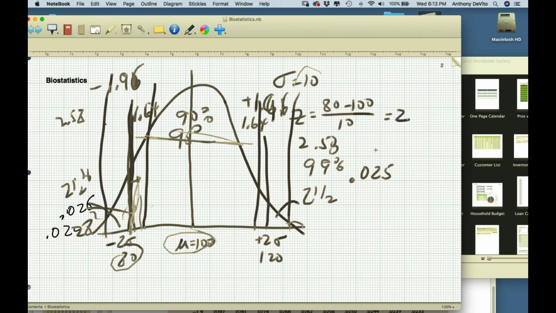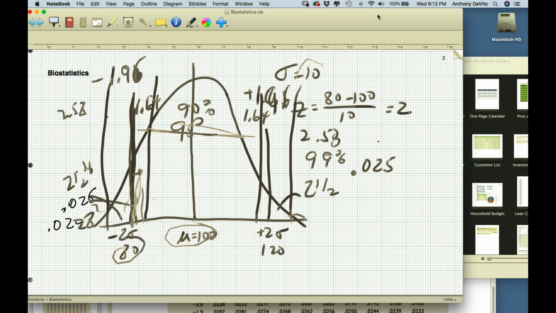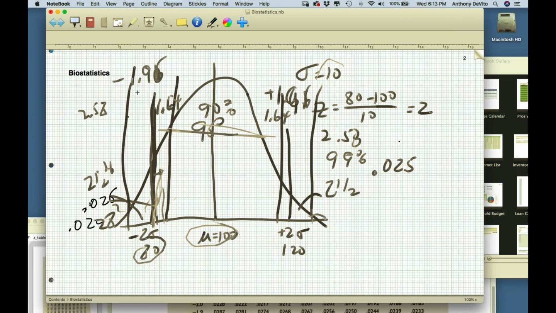So what does that tell you? While the empirical formula is nice for quick calculations and also to check your work in case you're using the table, you can go back to the empirical formula and see if your answer looks reasonable, right? But the key takeaway here is that the real value for 95% of the population, left and right, is 1.96, not 2.0.